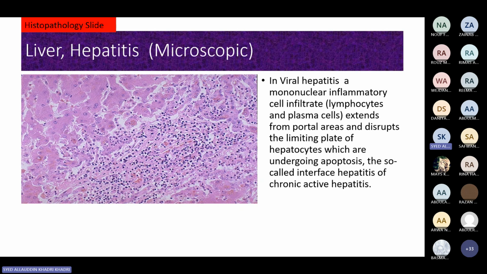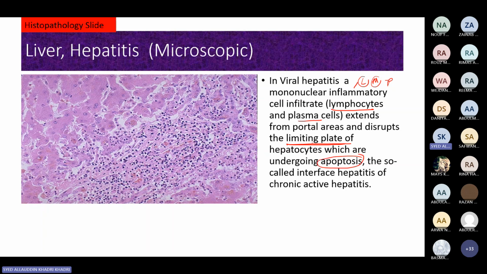In viral hepatitis, we take a prototypical example with mononuclear inflammatory infiltrate. Mononuclear means it can be lymphocyte, macrophage or plasma cell. Usually lymphocytes and plasma cells extend from the portal area and disrupt the limiting plate. I'll tell you what you mean by limiting plate in my supplement, along with hepatocytes which are undergoing apoptosis.